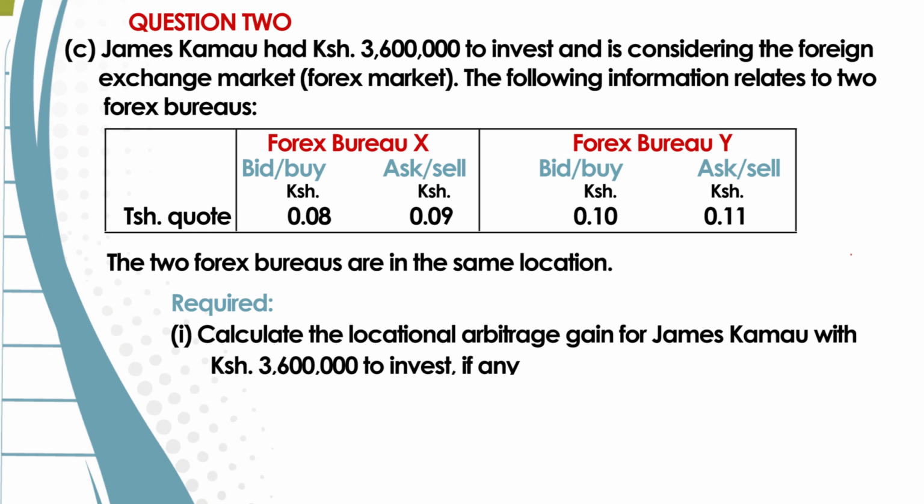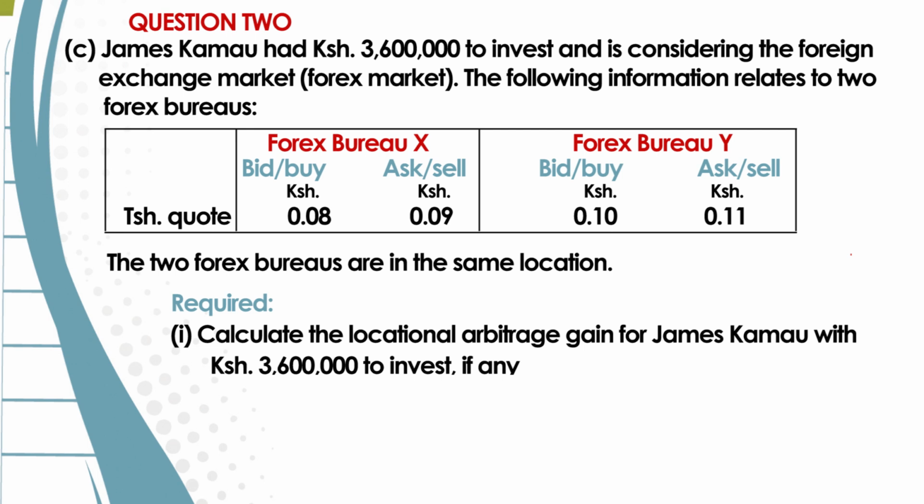How are we to determine the forex bureau that James Kamau should use? The answer is that he should buy Tanzania shillings from a forex bureau that is selling them at a lower exchange rate.